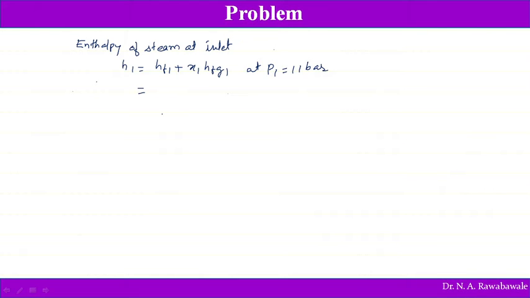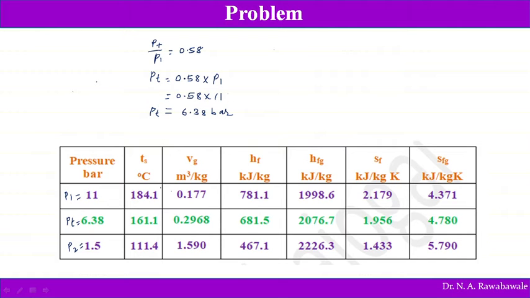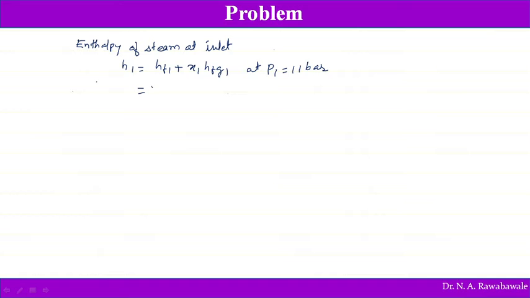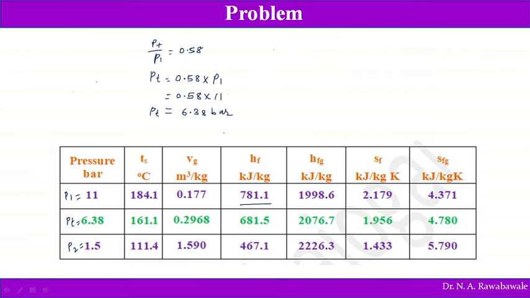So hf1 is 781.1 plus x1, which is 1 for dry saturated steam, into hfg1, which is 1998.6.